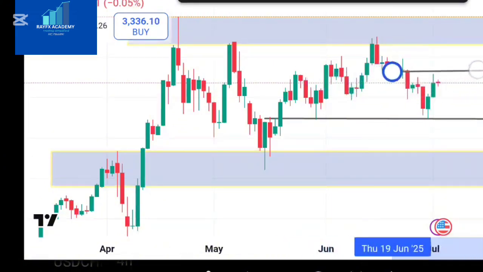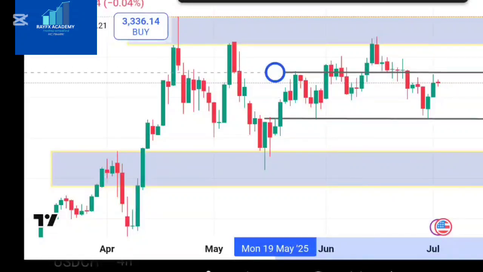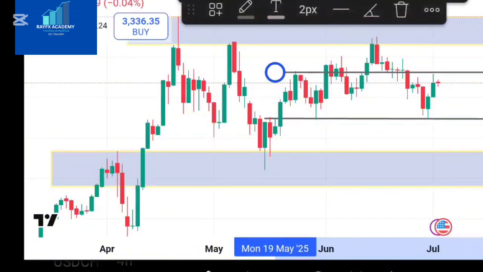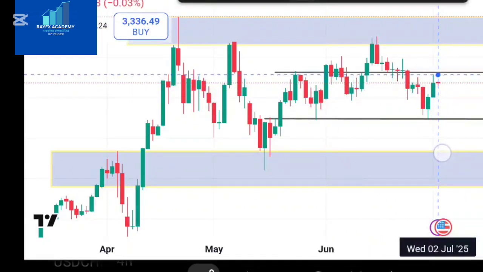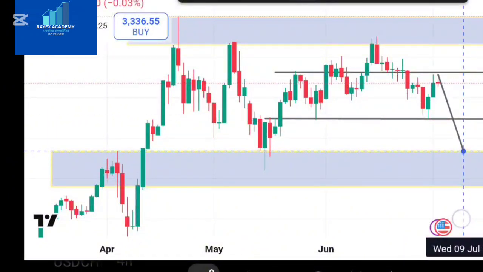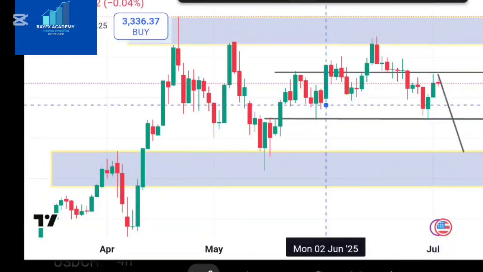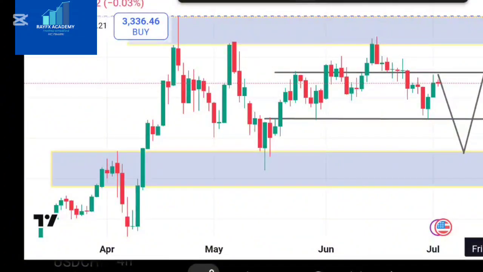And again, if you draw from here to this point, you can see that this level is being respected here, so it can decide to do something like this, then it will do this before it makes this move. Do you understand me? So basically, this is what we are looking out for.